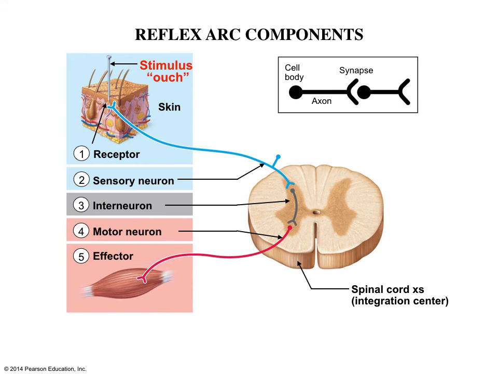Here we have an interneuron that then connects to the motor neuron, which goes to the what? Effector. And in that case, you're going to either remove your hand from the painful stimulus or move away from it in some other fashion.